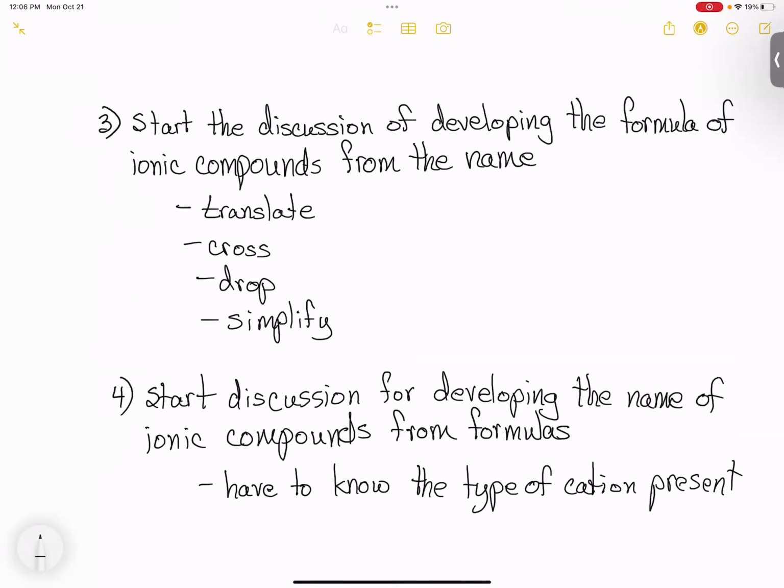The only difference is you've got to add one more step, and that is to translate. And then finally, we are going to start the discussion for developing the name of ionic compounds from the formulas. These last 2 numerical points are going to be the things that we're going to focus the majority of our attention on Wednesday.